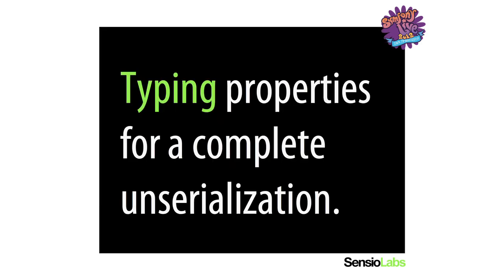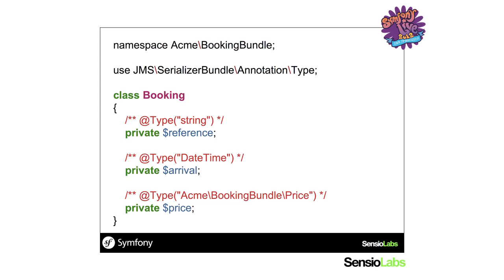If you want to unserialize your objects, and if you have nested objects, you have to tell the serializer how to unserialize, how to recreate the sub-objects. So for example, my booking object has a reference, which is a string. We have the arrival, which is a datetime object.